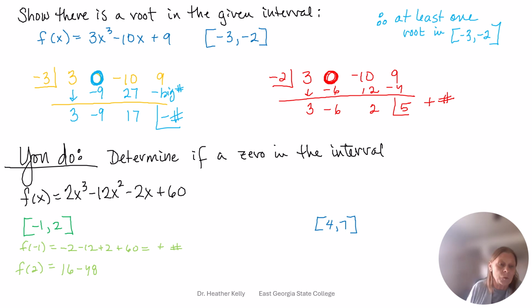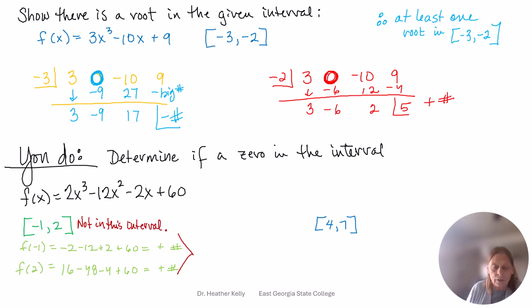I'm just doing it because it's pretty easy. 2 times 2 is minus a 4 plus a 60. 16 minus 48 is negative 32, minus 4 is negative 36, plus 60 is 24. So this is also a positive number. So not in this interval.